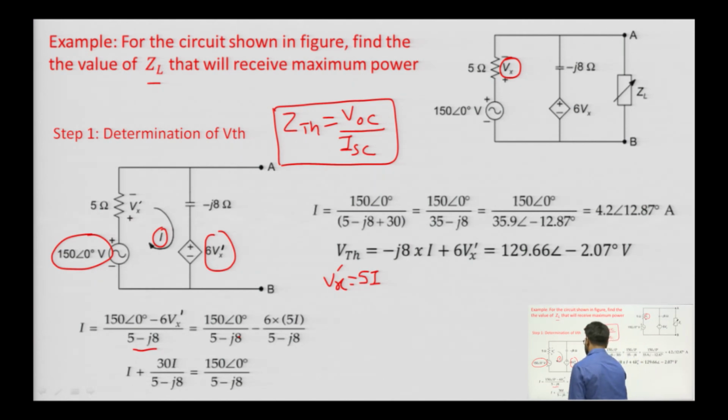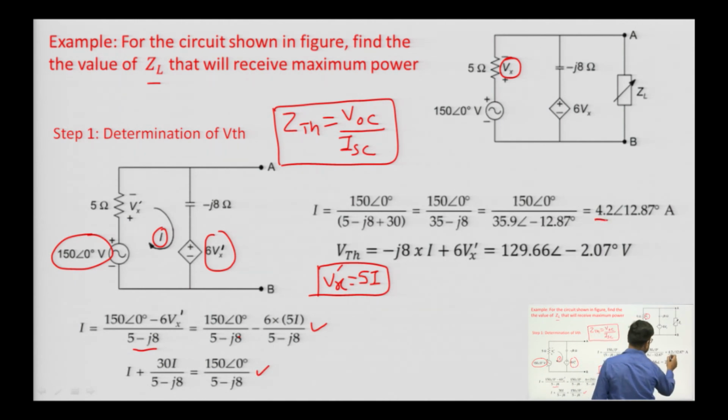After putting the value of Vx' equals 5I, the equation will be this one, and when we solve it for the value of I, we get I as 4.2 at an angle of 12.87 degree ampere. Now, this is the current that is flowing in the circuit.